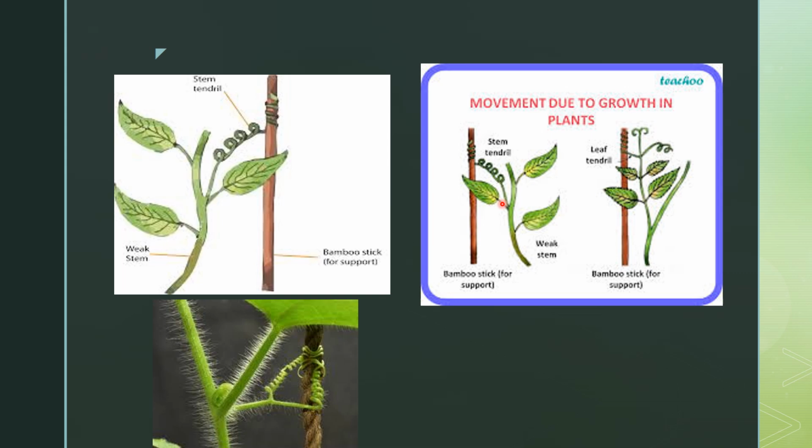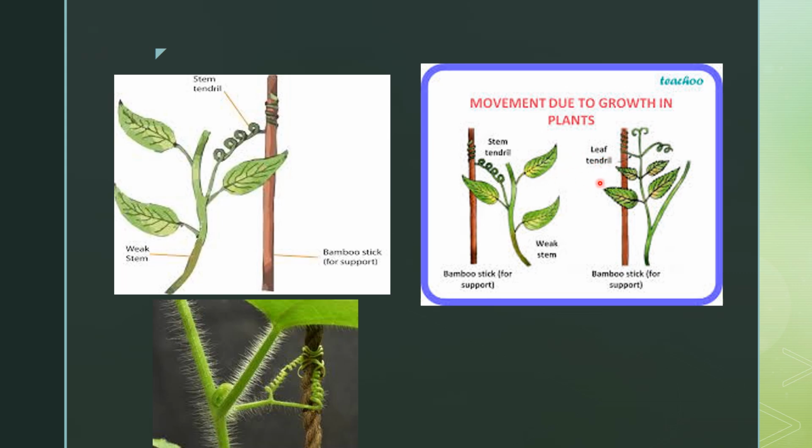But if the plant does not need more branches, the axillary bud can get modified to tendrils to help the plant to climb up. So this is a stem tendril because it arises from the axillary bud, but this one is a leaf tendril, and both of them help the plant to climb up.